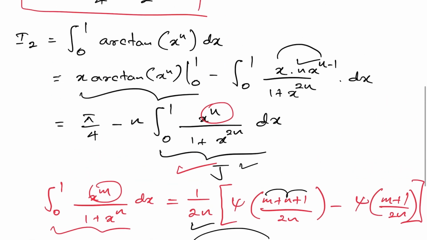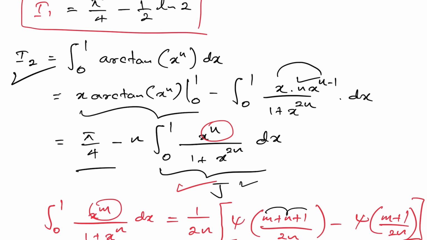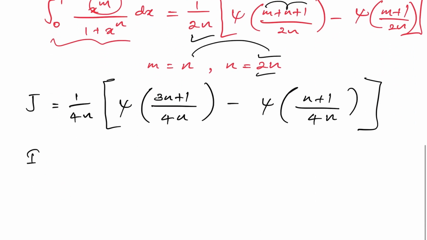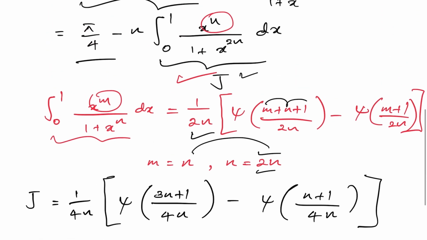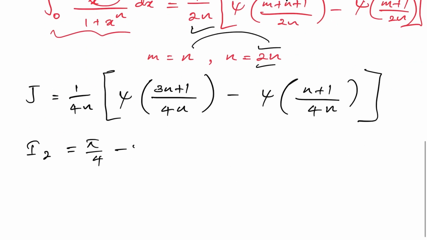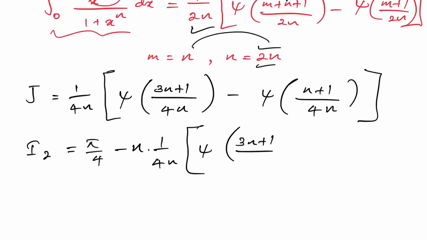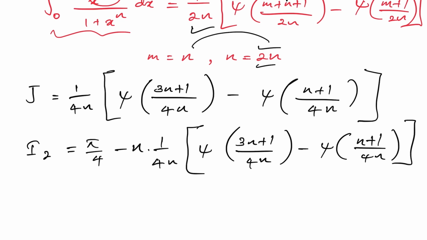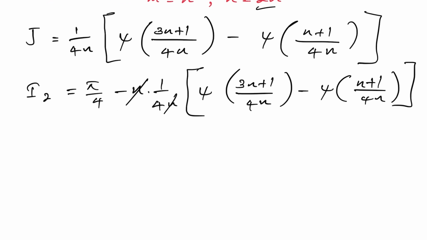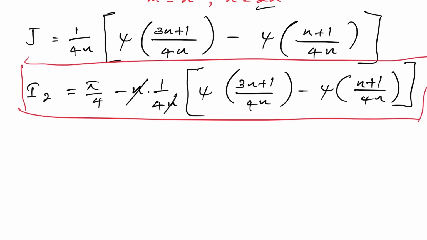So I2 is equal to pi over 4 minus n times J, which is 1 over 4n times the digamma of (3n plus 1) over 4n minus the digamma of (n plus 1) over 4n. The n gets cancelled, and this is I2.